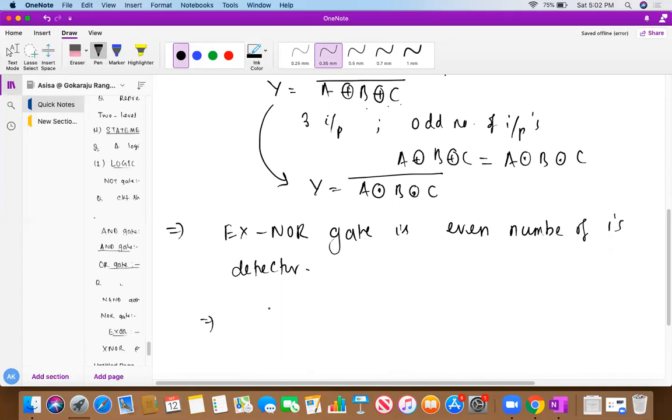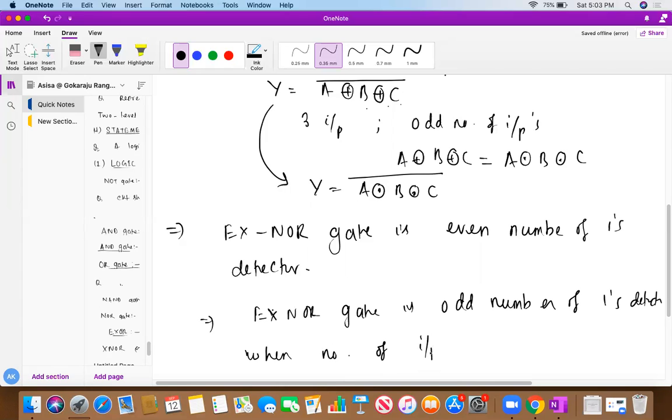So next, XNOR gate is an odd number of ones detector when the number of inputs is odd. Okay, what do you understand?